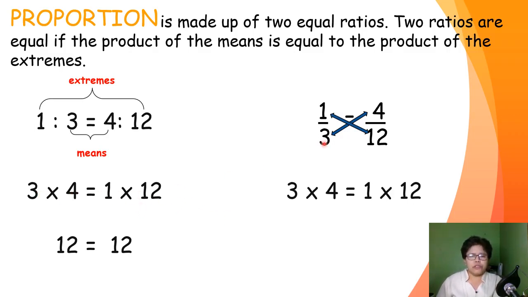So, 3 times 4 is equal to 1 times 12. Kahit pa nakaganito siya or nakaganito siya, pwede mo pa rin gawin ang equation, at pwede mo pa rin ma-check kung tama ba yung proportion mo. 3 times 4 is equal to 12, 1 times 12 is equal to 12. Alright?